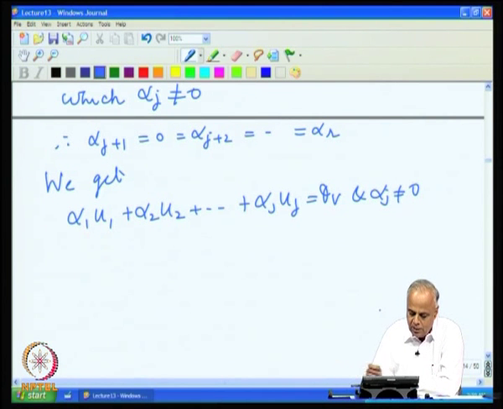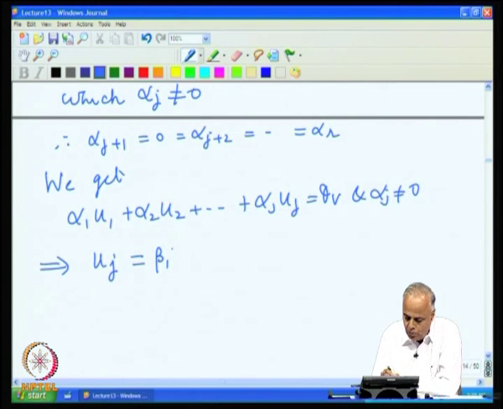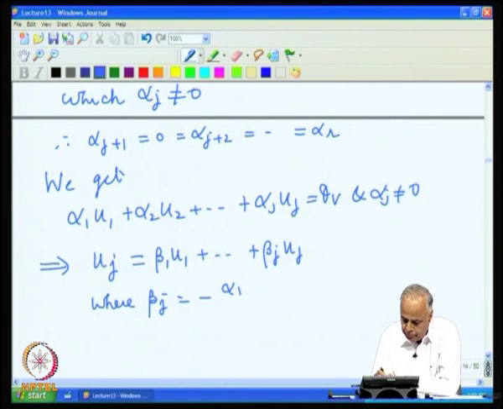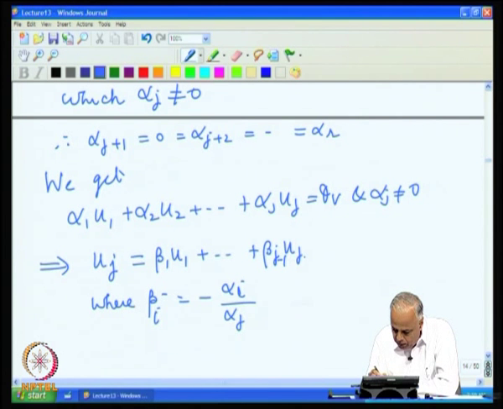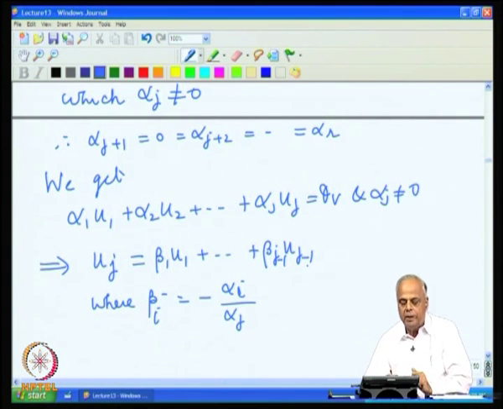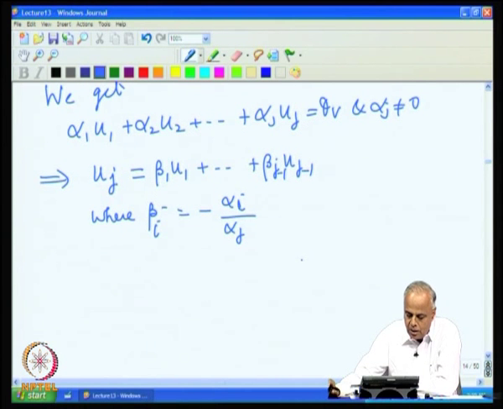If that is the case, we can write uj as equal to beta 1 U1 plus etcetera plus beta j minus 1 u j minus 1, where beta i is minus alpha i by alpha j. We take uj to one side and all the others to the other side.